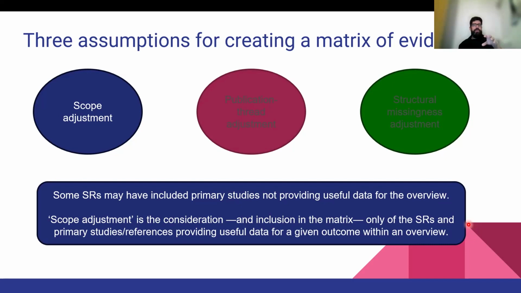And that systematic review may have one or two specific primary studies that are not useful for you. But detecting those studies can be quite time-consuming. So it's not so easy to do this. Despite it sounds obvious, for a resource limitation, some authors may prefer to just include all the primary studies included in all overviews, independently if they provide or not useful data.